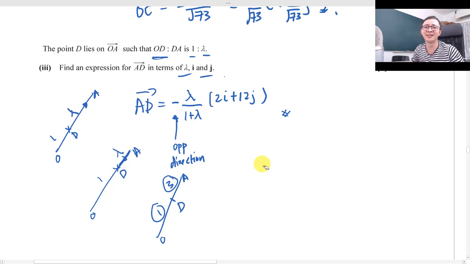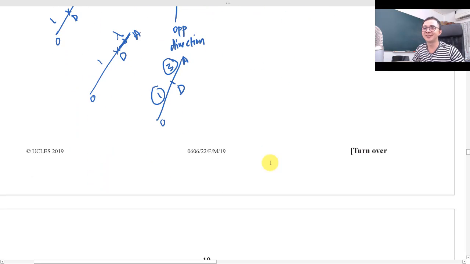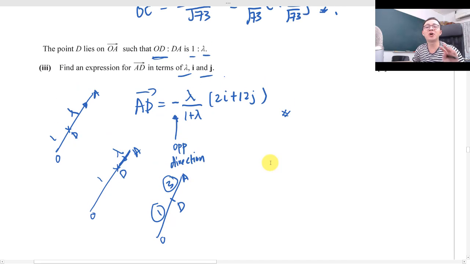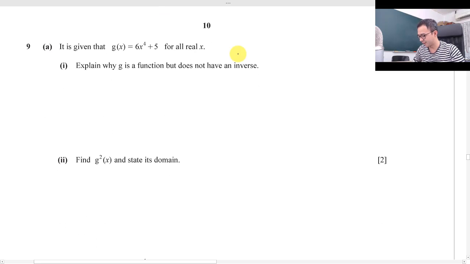If you still cannot understand, you should go back to revise the vector topics. Yeah, negative because it's the opposite direction. Because the vector I'm using here is OA, you can see OA and AD actually go in opposite directions. This is the reason why it has a negative.